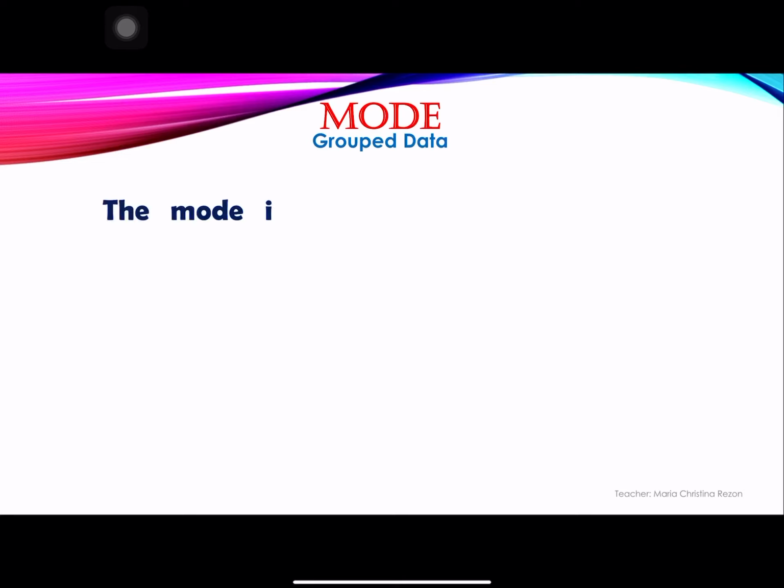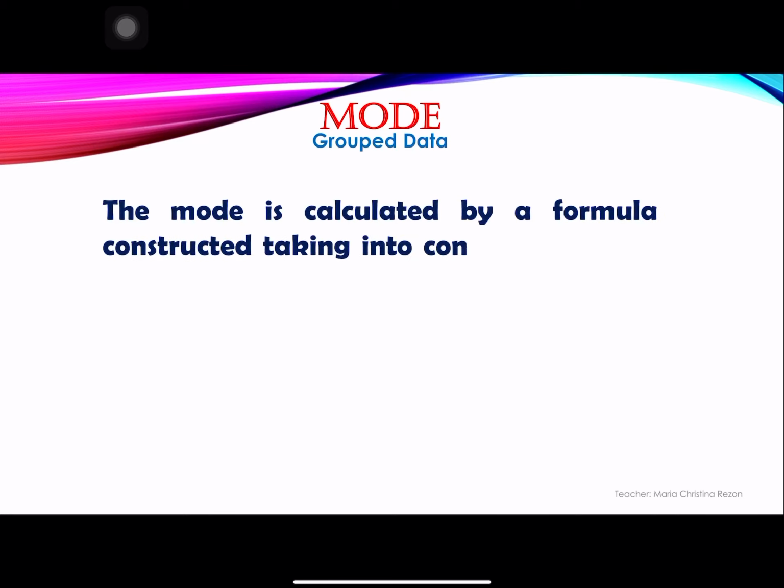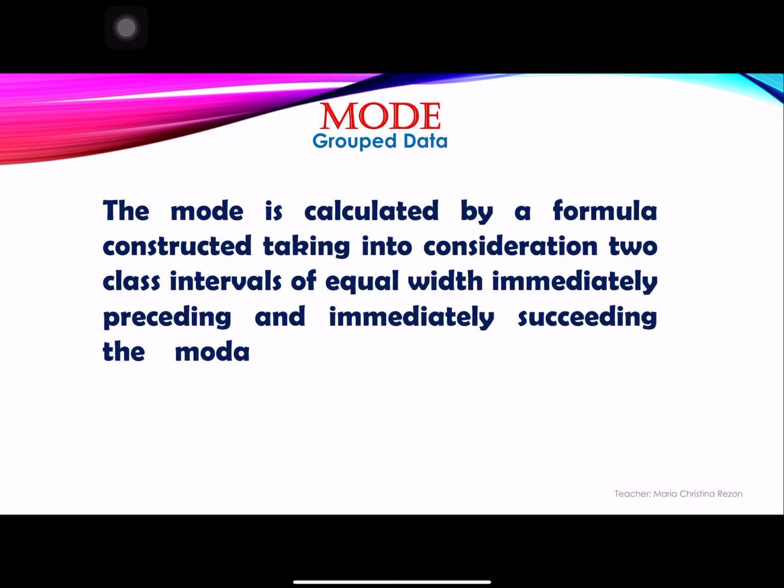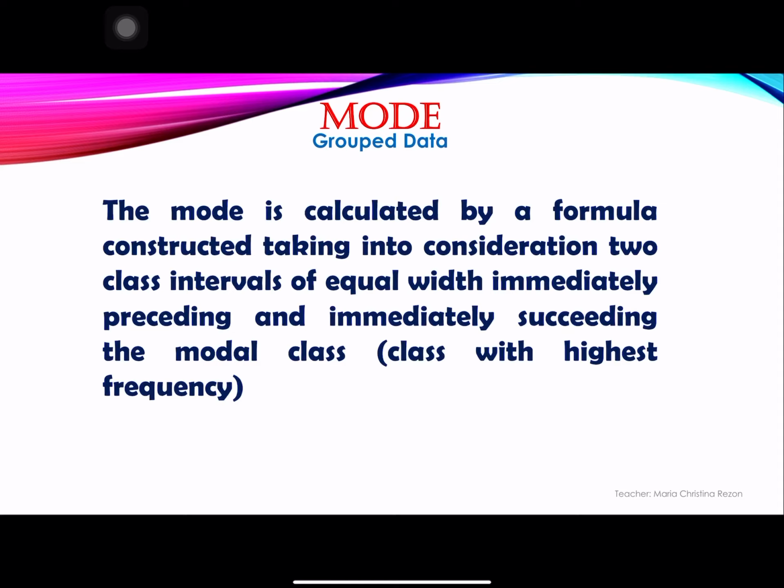The mode is calculated by a formula constructed taking into consideration two class intervals. The first class interval is the one preceding the modal class, and the other one is the one succeeding the modal class.